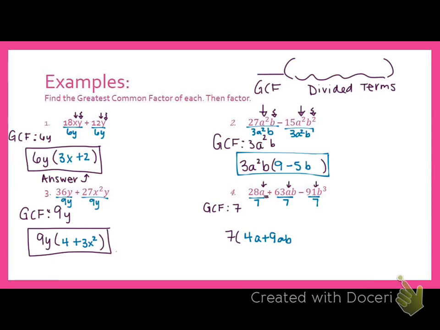And what's negative 91 divided by 7? Negative 13. And the b cubed stays, right? We're not dividing by any b's, so that stays in there. So that is our final answer there.